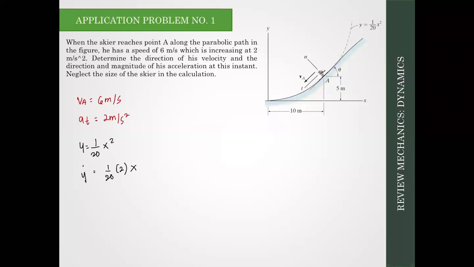Ano tong nakuha natin to? With respect to x to, no? So, wag nating i-change siya. So, gawin natin tong dy over dx. Okay? Para hindi natin kukunin dito yung dx, no? So, ano ba tong dy over dx natin? Ano bang yung nahanap sa atin? Yung direction ng velocity natin.